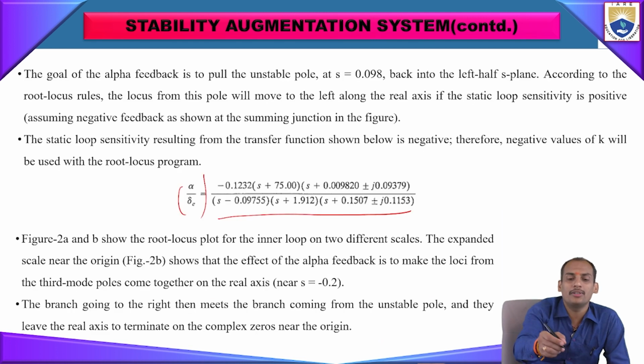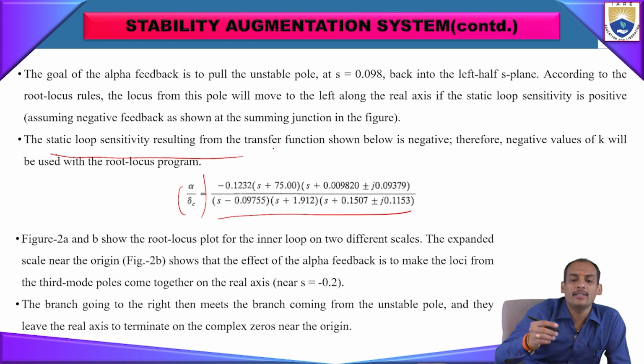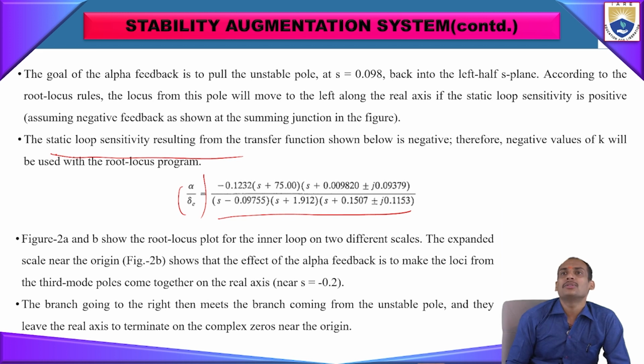That is why it is showing that the static loop sensitivity resulting from the transfer function has negative values only. So negative values of k will be used for the root locus program. For deriving the values for k, we are taking the negative values only.